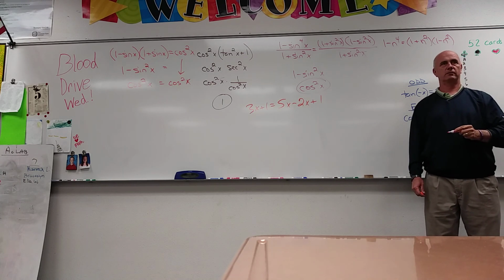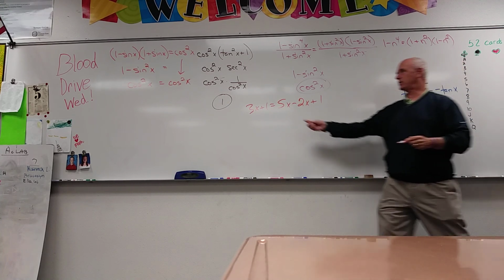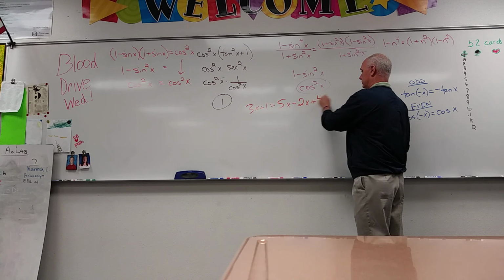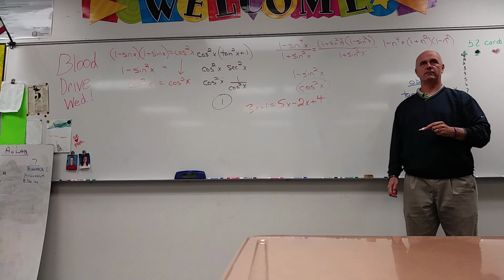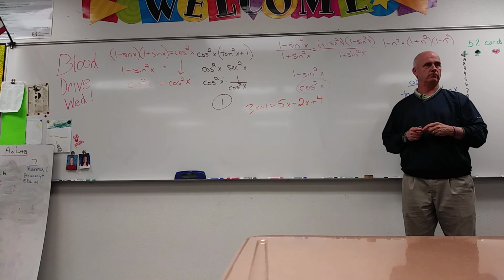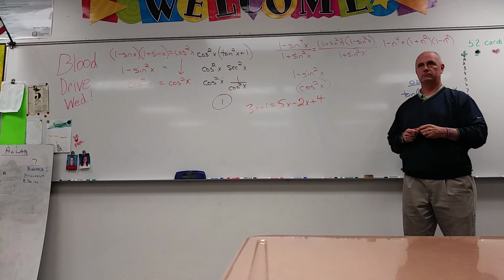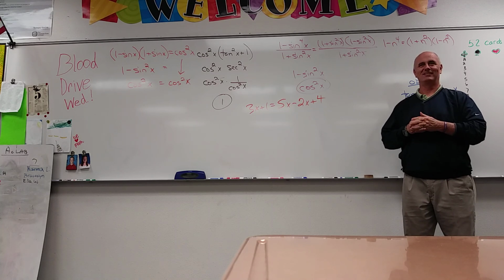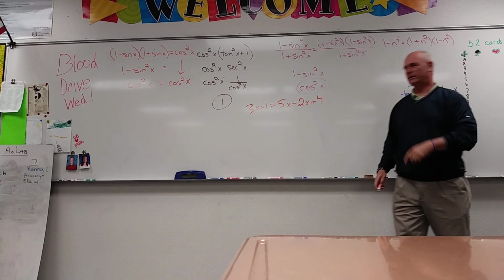This is an identity because it's always true. That is a contradiction because it's never true. Exactly. Does that make sense? We'll talk more about that tomorrow.